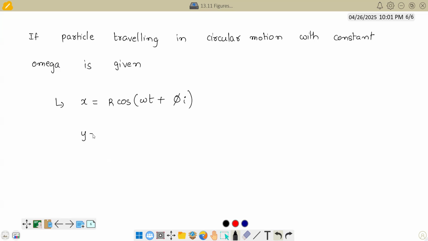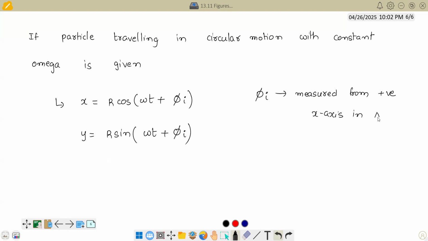Then similarly, y would be r sin(omega t plus initial phase). Remember, this initial phase is measured from the positive x-axis in the anti-clockwise direction.